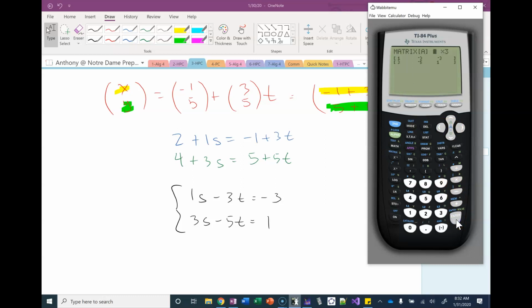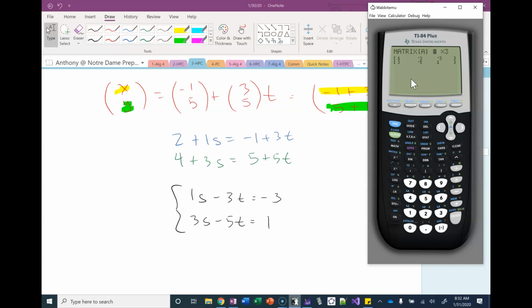It's like the second and the third button down underneath the second button. And our matrix has two equations, so it needs to have two rows. And it has a spot for the s's, a spot for the t, and a spot for the answer, so it needs 3 columns. So I've made a 2 by 3 matrix.